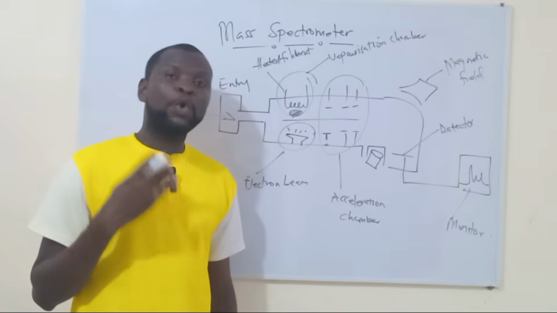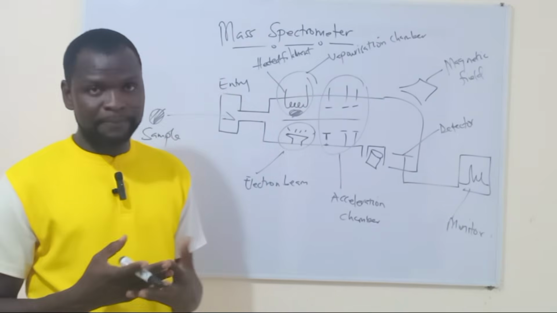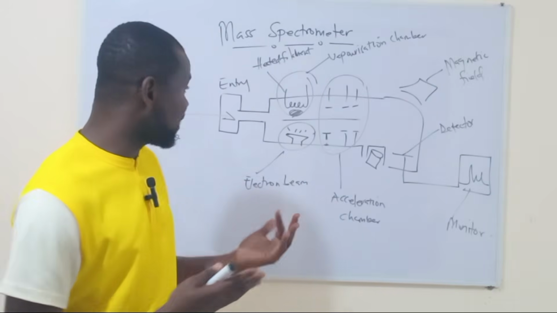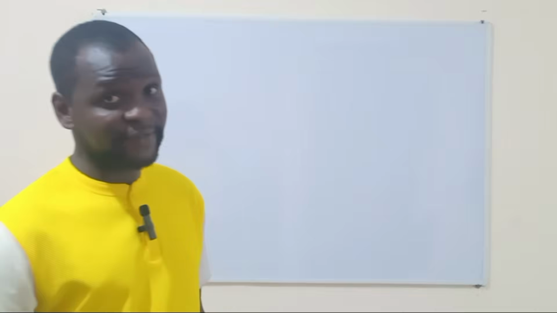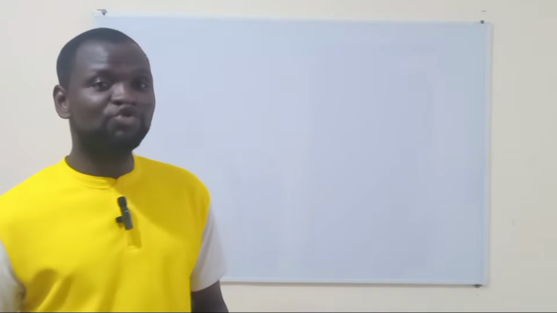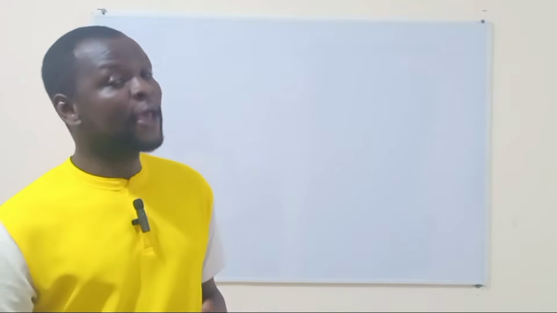In our next lesson, we'll be looking at how to calculate the relative atomic masses or the relative molecular masses of a sample. Before we look at that, there's one thing you need to note. When samples are passed through the mass spectrometer and you end up having only one spectrum, then it indicates that that particular sample is not an isotopic material.